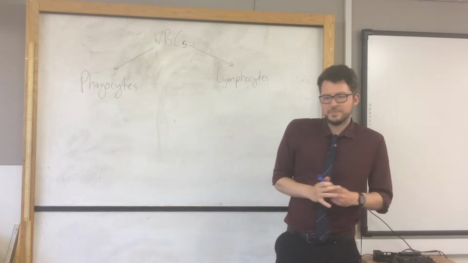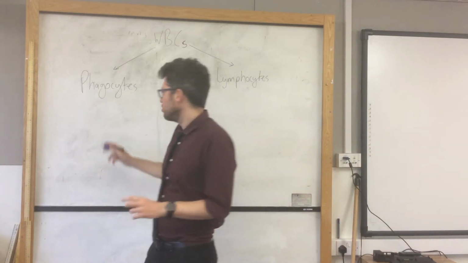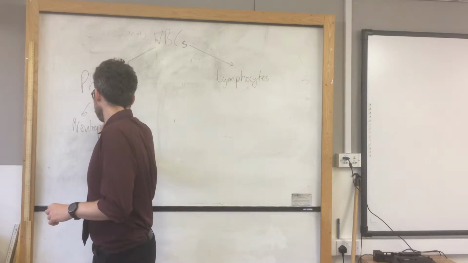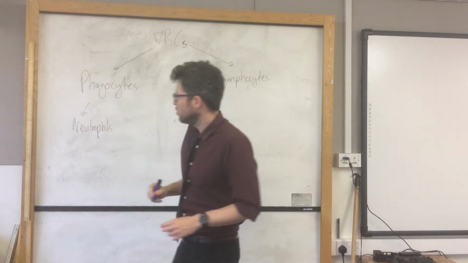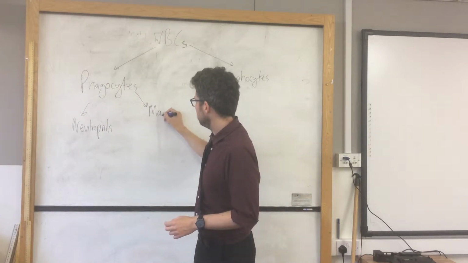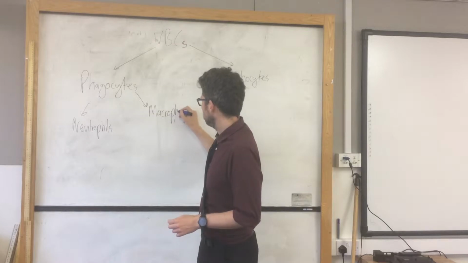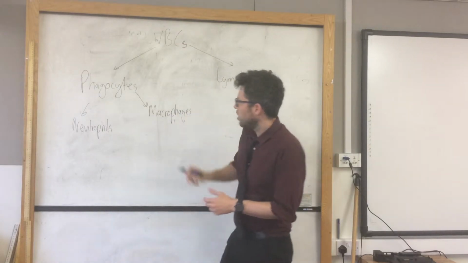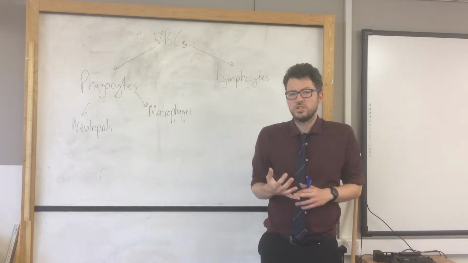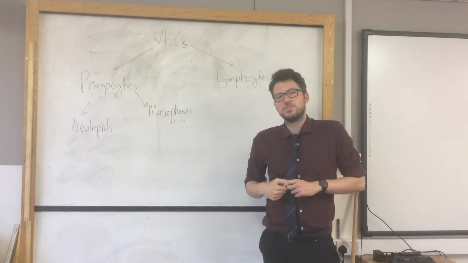So phagocytes, the two different types of phagocytes are neutrophils and we've got macrophages. So their basic job is to engulf and destroy pathogens by a process of phagocytosis.